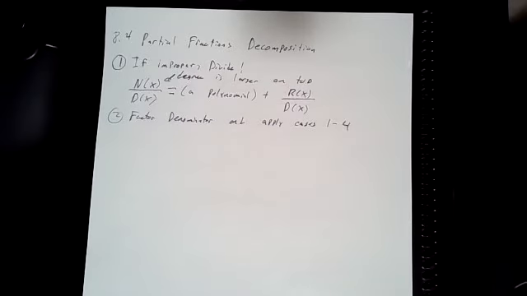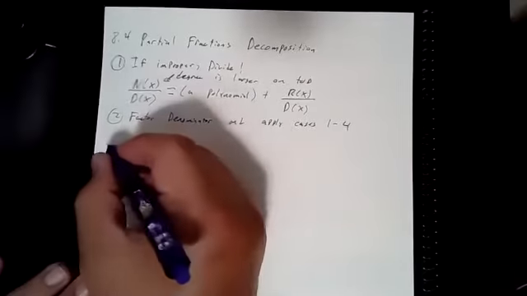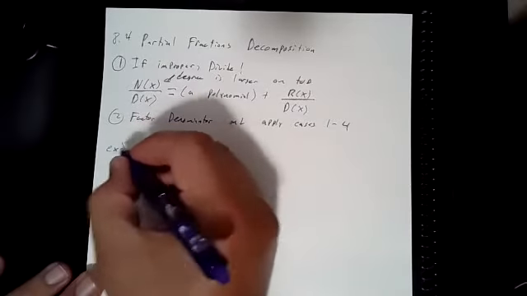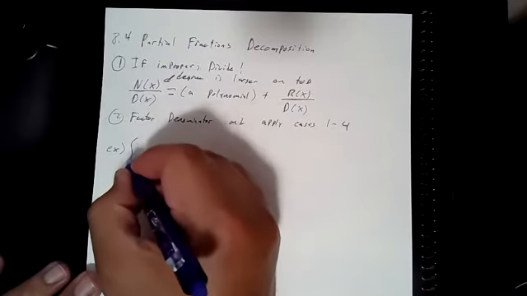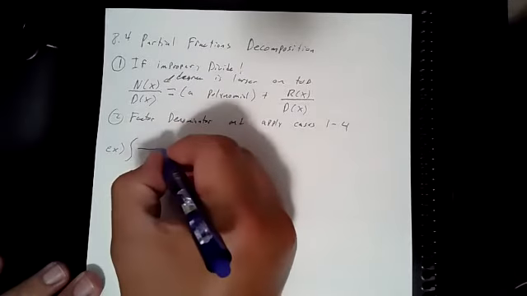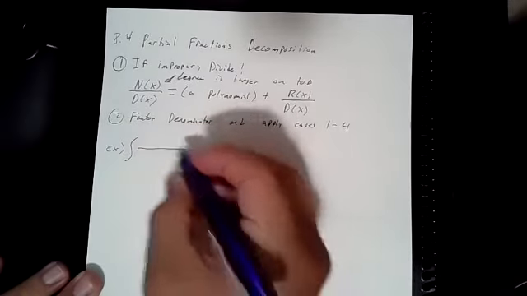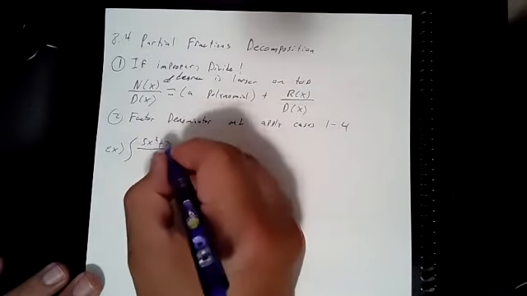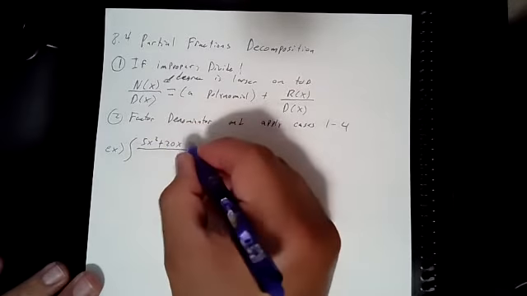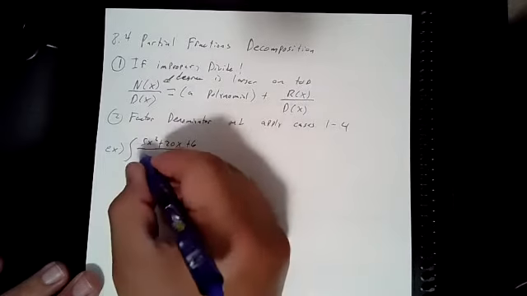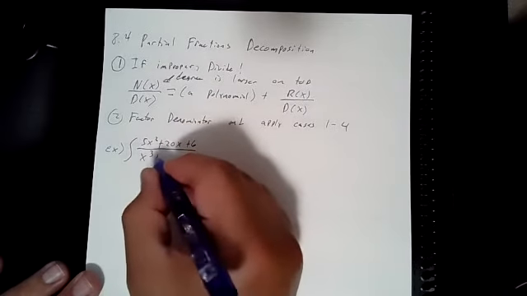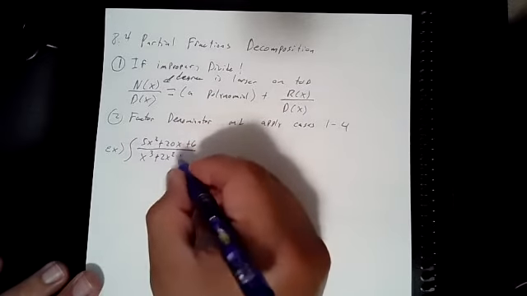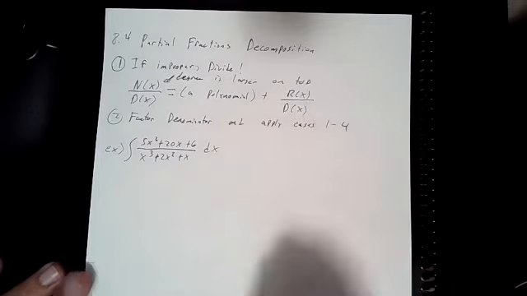All right, so let's go to an actual question now. The example is integrate (5x squared plus 20x plus 6) over (x cubed plus 2x squared plus x) dx.